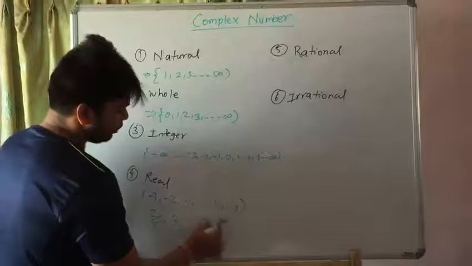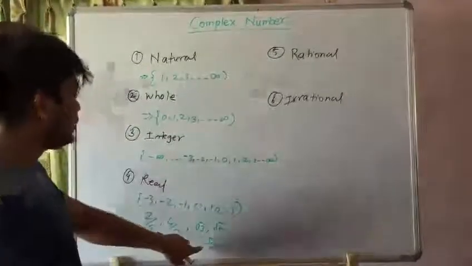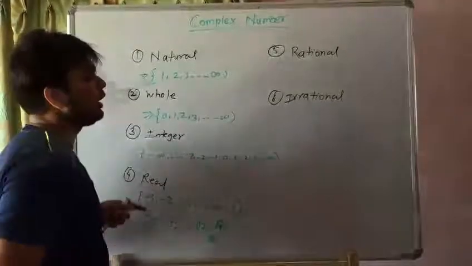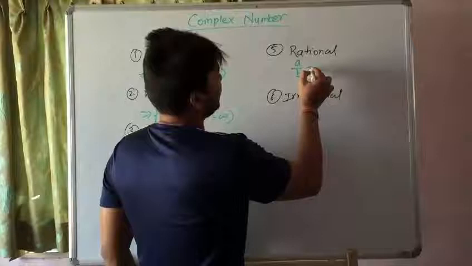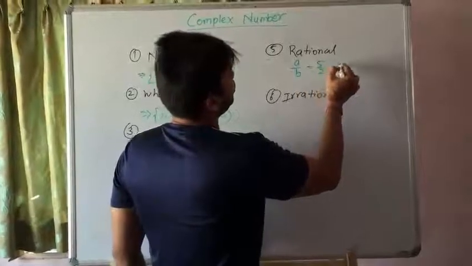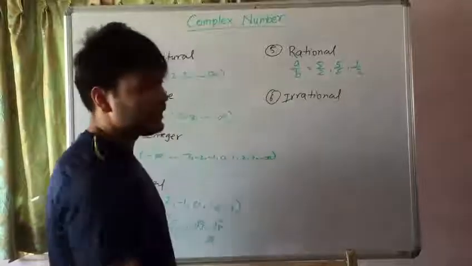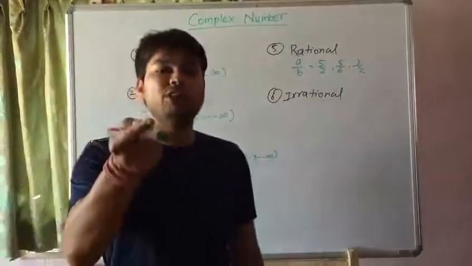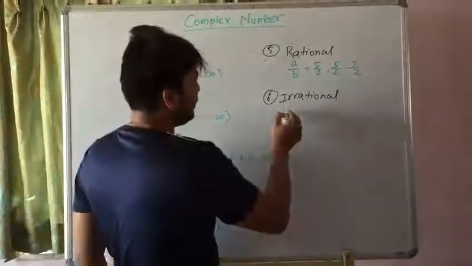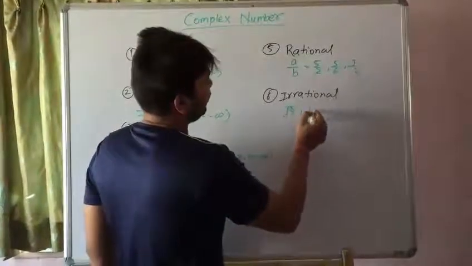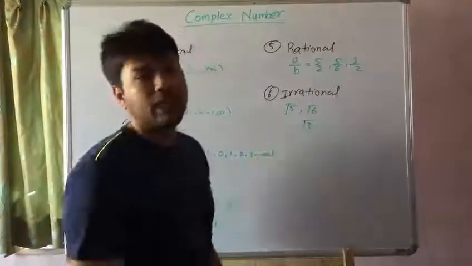Root 3, root 5, root 2, these are the irrational numbers, which come under the real number. A rational number is represented by a by b, that is 5 by 2, 5 by 6, 3 by 2. And what is an irrational number? The number which is real but not rational. It means root 5, root 6, root 3. These are the irrational numbers.